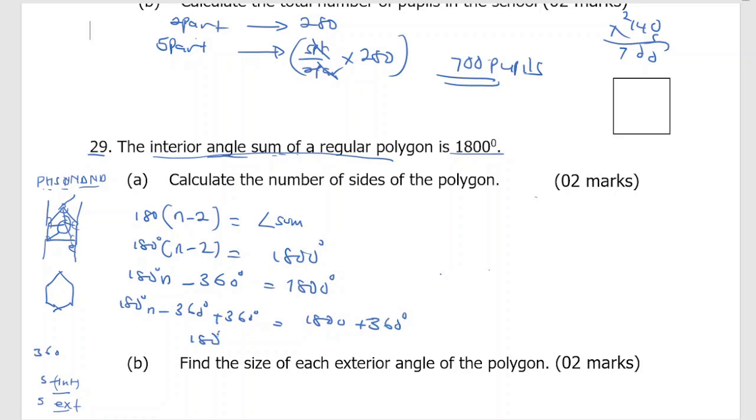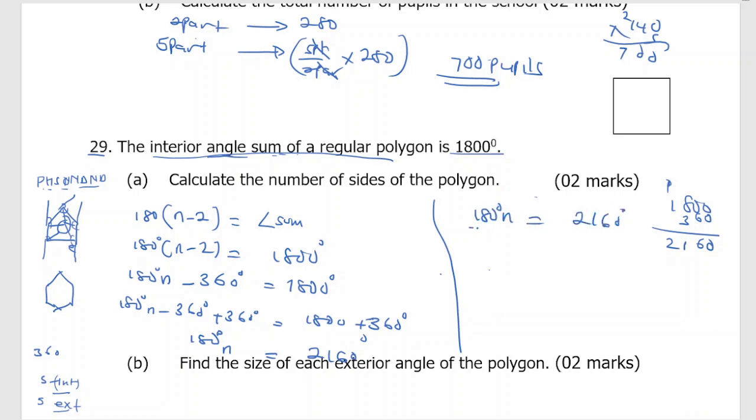So 180n degrees is equal to 1800 plus 360, which is 2160 degrees. Therefore we are now going to divide. 180n degrees is equal to 2160, so we divide by 180.